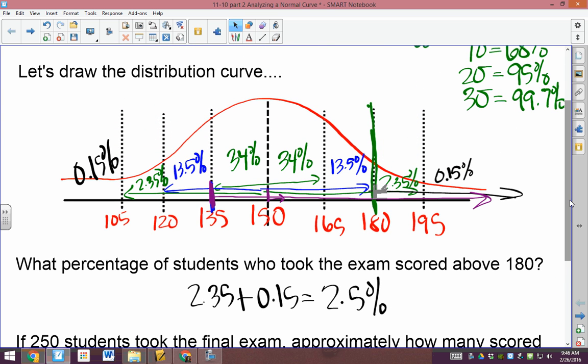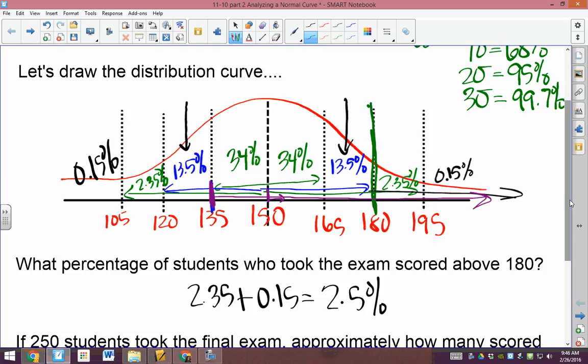Okay. All right, so the way that we're going to approach this, we need to find a spot on our curve where we have a chunk of kids that are pretty close to 13.6%. Do you see any areas that contain about 13.6% of our data? I see a 13.5. Close enough. And isn't there another one? Now, one of those is right, one of those is wrong, because these kids got a B on the test.